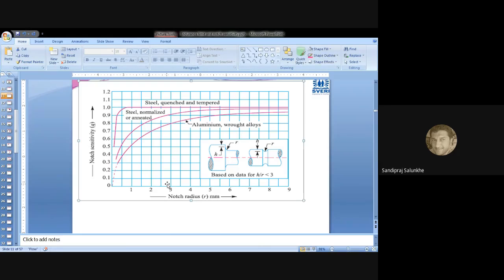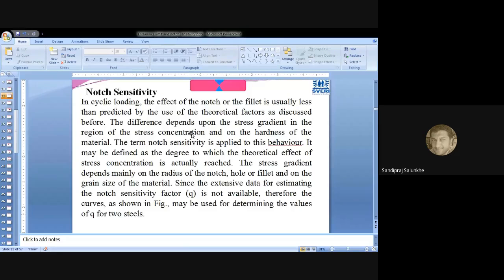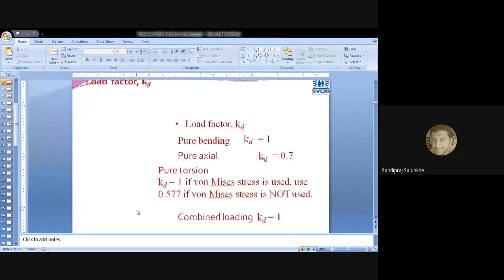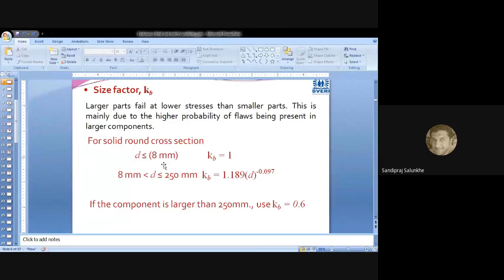See, this is the graph from which we can calculate the notch sensitivity and notch radius, which will give us an idea of KF. Now, how the load factor is considered, how the size factor is considered.